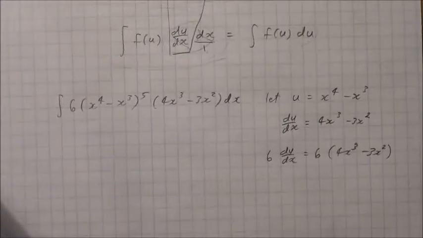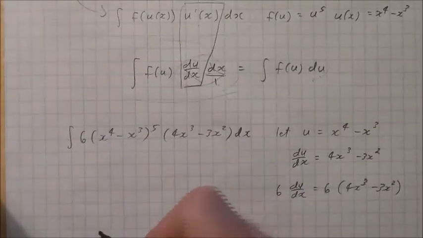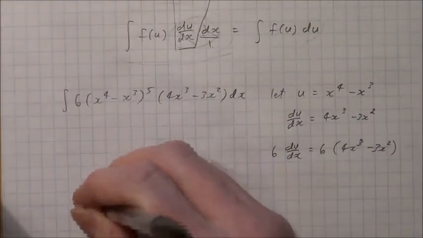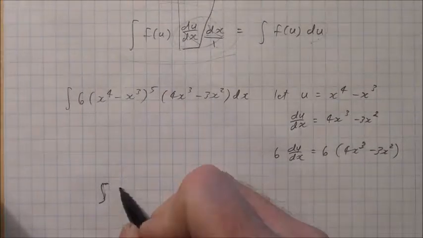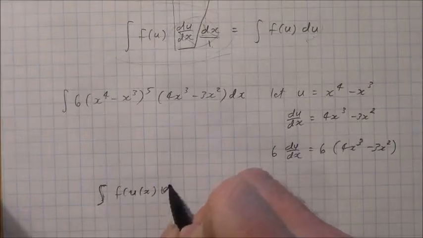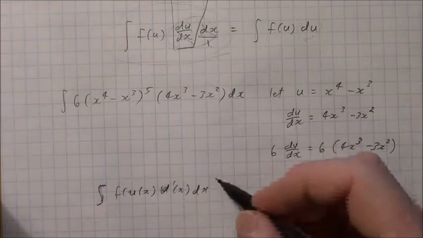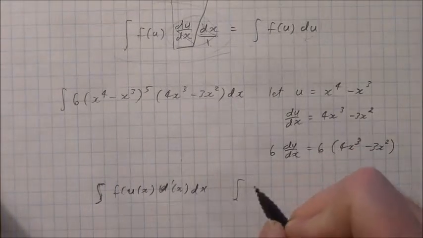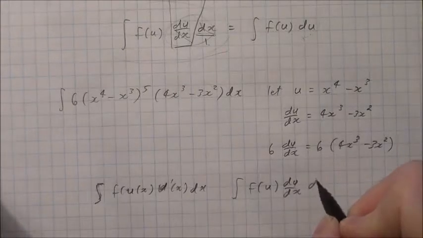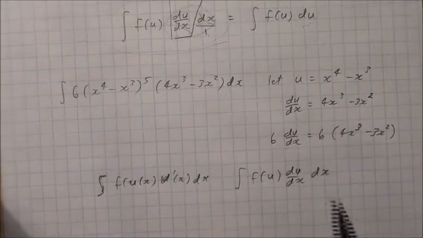Then we use the theorem, like I showed before: the integral of f of u of x, u prime of x dx, can be written as f of u du by dx dx. So then we just put all these different pieces together.